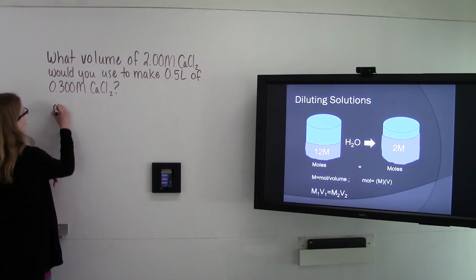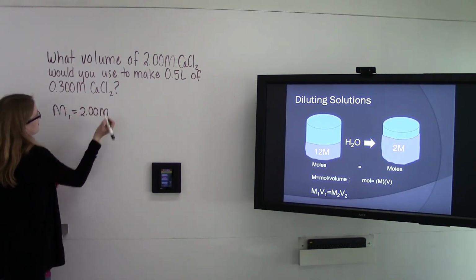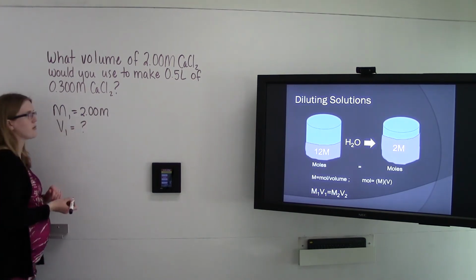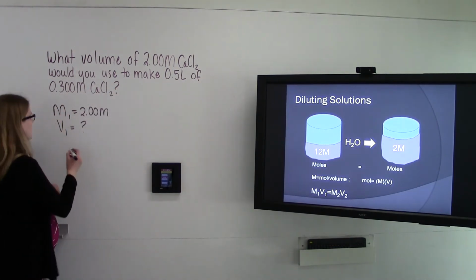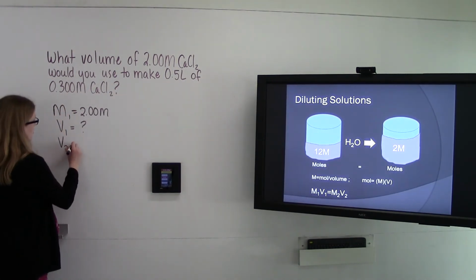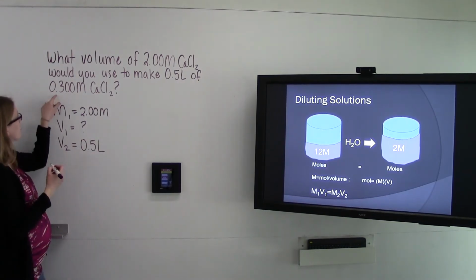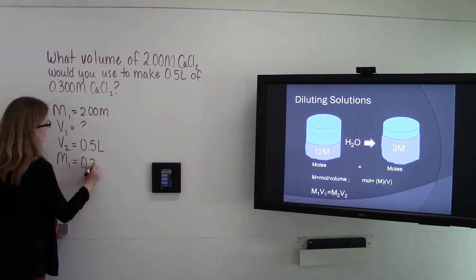So M1 is 2.00 molar. V1, we're trying to figure out what volume of that we need. Would you use to make 0.5 liters? There's our new volume of a 0.300 molar solution. There's our new molarity. We're trying to make that.